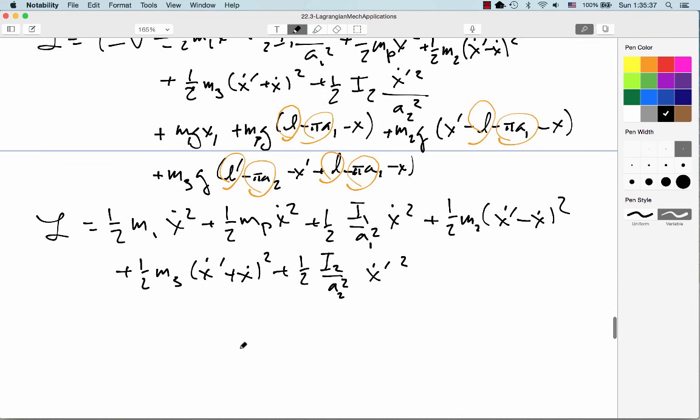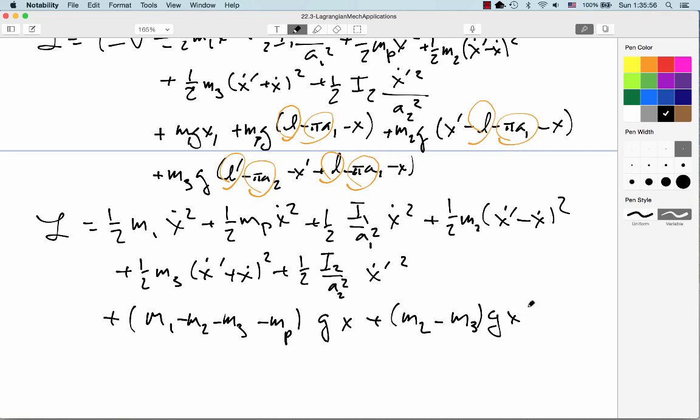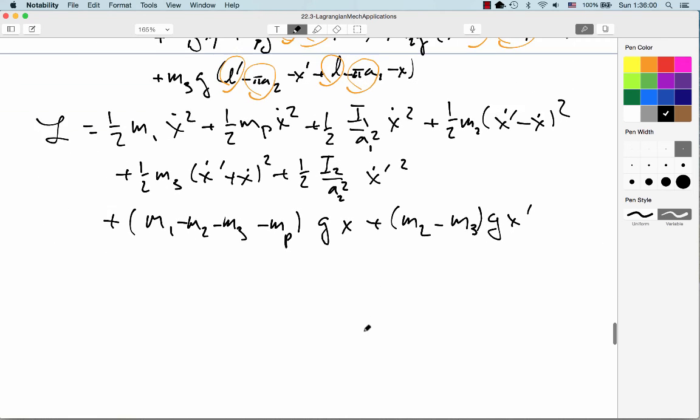And then the potential energy actually gets a little prettier-ish, plus (M1 minus M2 minus M3 minus MP) g x plus (M2 minus M3) g x prime. All right. So that's the Lagrangian. You can't really make it any cleaner than that.